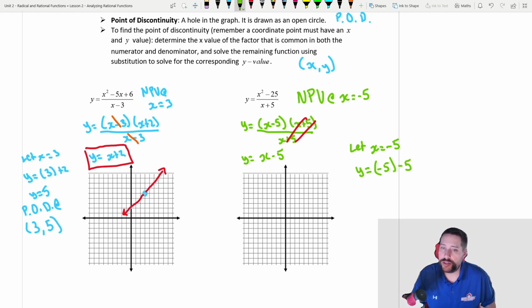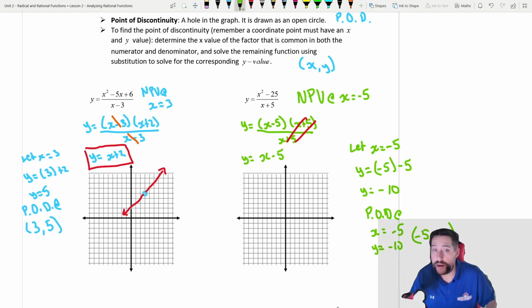So now that's going to be y is equal to negative 10. So the POD is going to be at x is equal to negative 5 and y is equal to negative 10. So to put them together, it's negative 5 and negative 10. Just like that. So now we can go ahead and graph it.